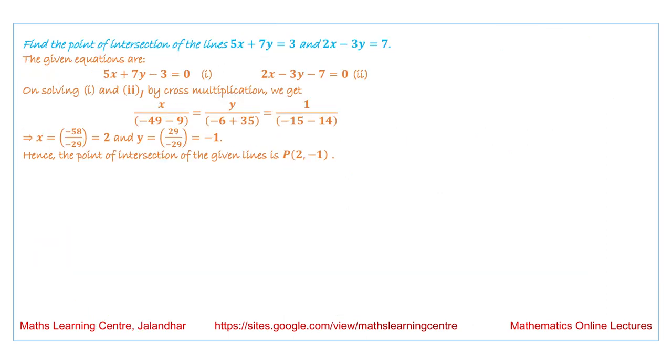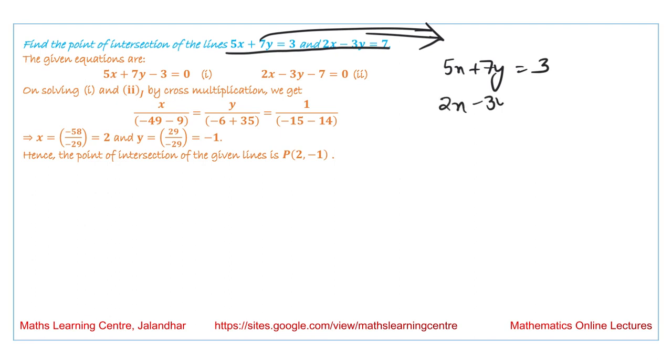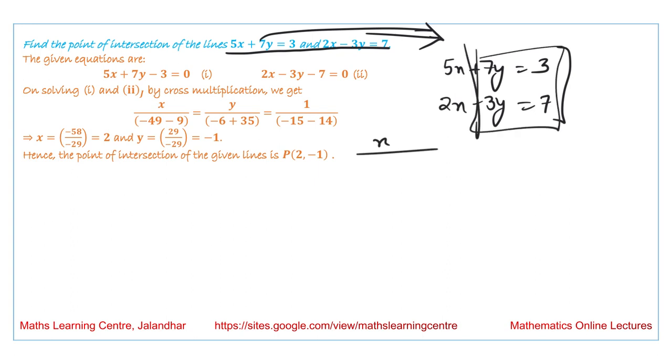Next is find the point of intersection of these lines. To calculate the point of intersection, we have to solve these two equations: 5x plus 7y is equal to 3, 2x minus 3y is equal to 7. So x divided by minus 49 minus 9 is equal to y by minus 6 plus 35, that is equal to 1 by minus 15 minus 14.